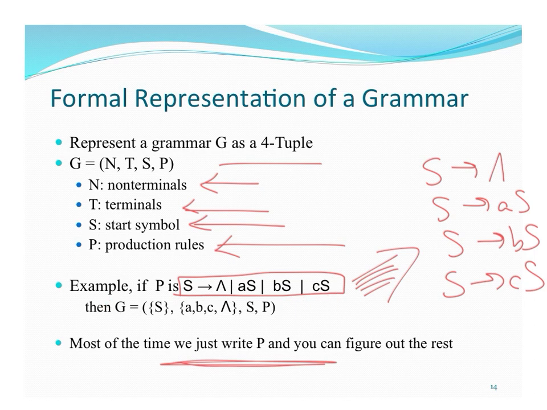Then our grammar would say our non-terminals are a set, because you could have more than one non-terminal. Right now we only have one, it's S. Our terminals are the letters of the alphabet plus lambda. Notice it doesn't say this is our alphabet. These are our terminal symbols. The start symbol, the one that we're going to start with, is S, and our production rules are P, which is specified by this, or by this. We could say P, like that.